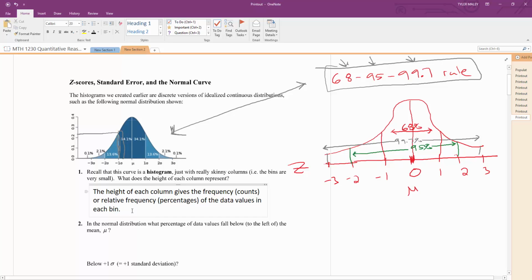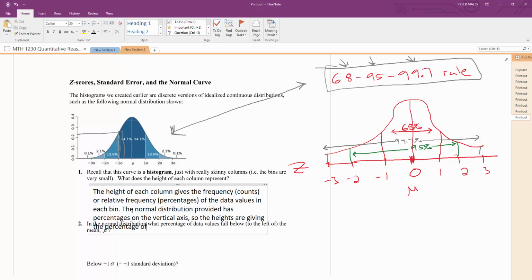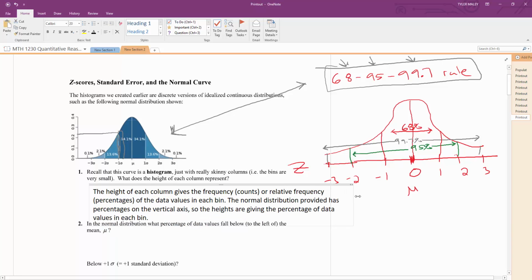So what we could say to that effect is the normal distribution provided has percentages on the vertical axis. So the heights are giving the percentage of data values in each bin.